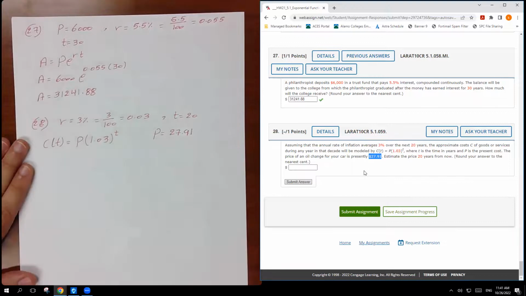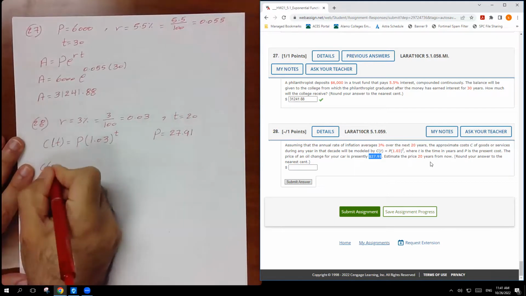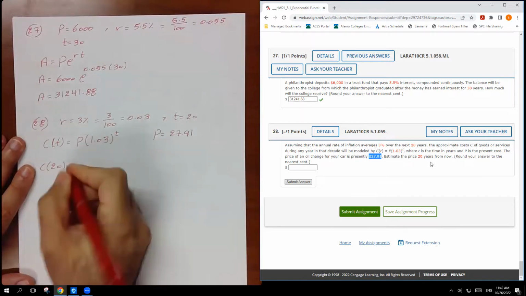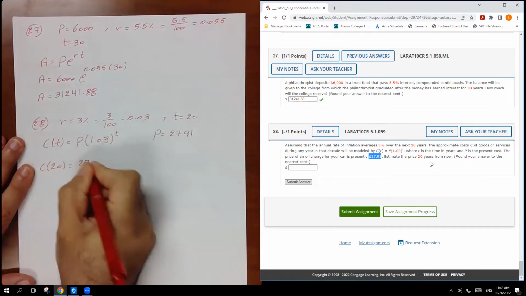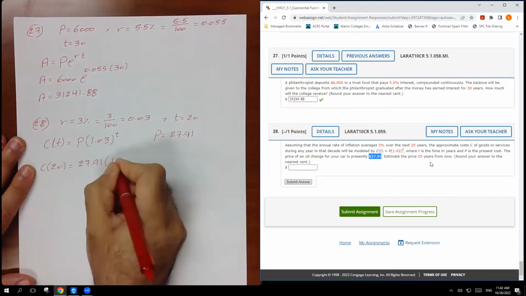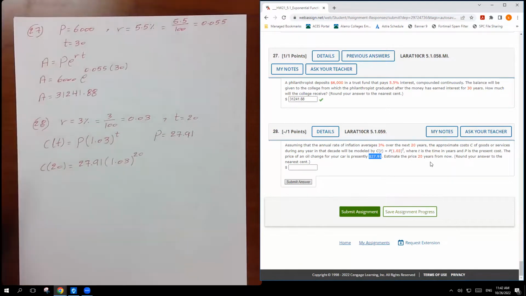Now they ask you to estimate the price 20 years from now. We need to find the price in 20 years using this cost function. That means the cost in 20 years is going to be the present cost, which is 27.91 times 1.03 to the power 20.